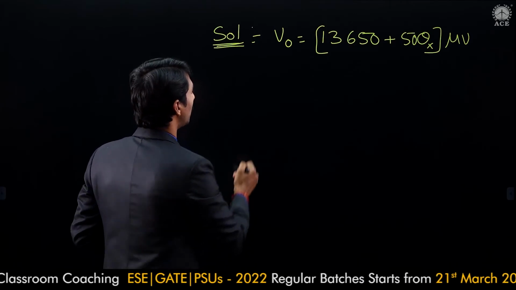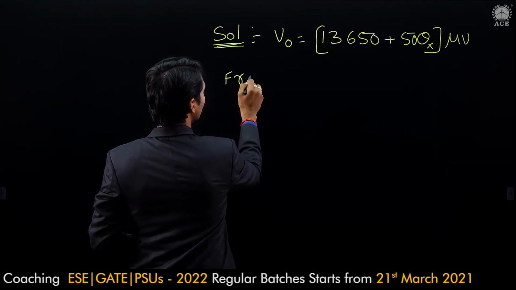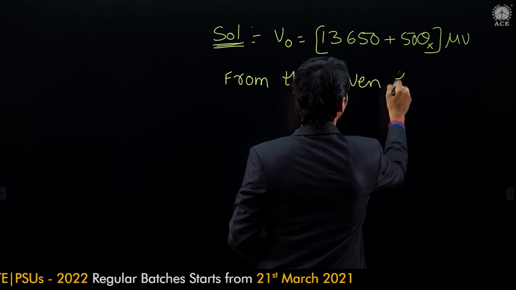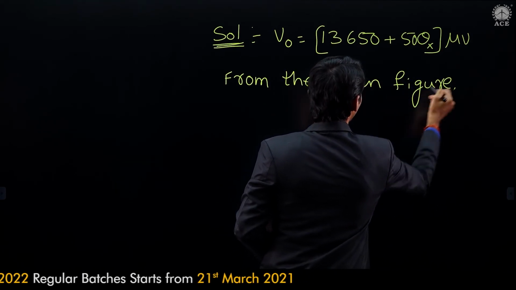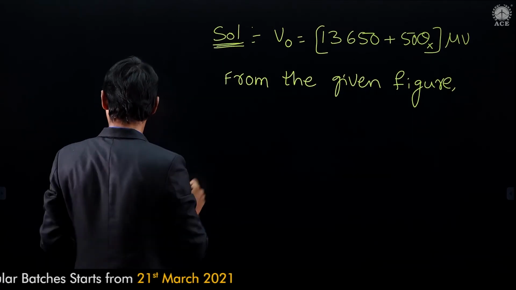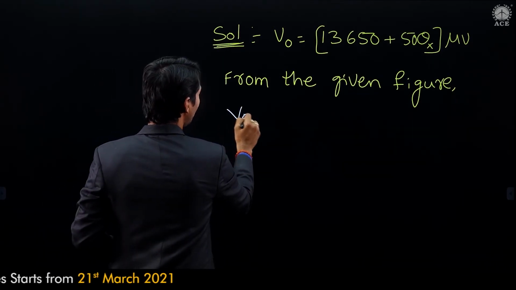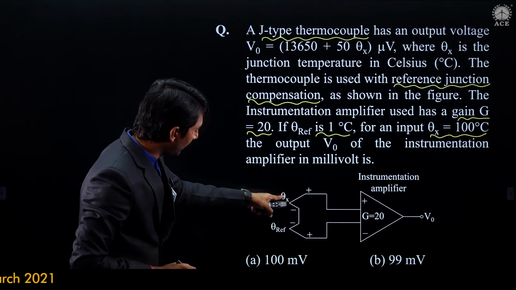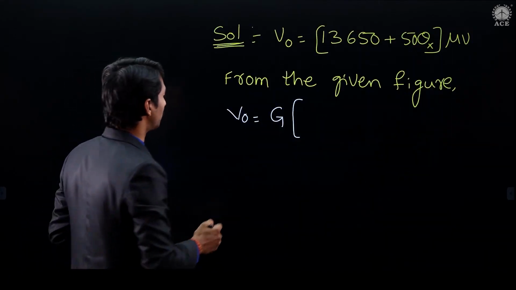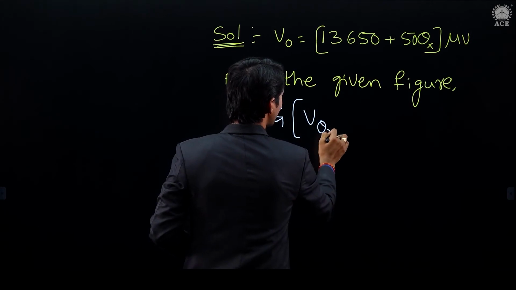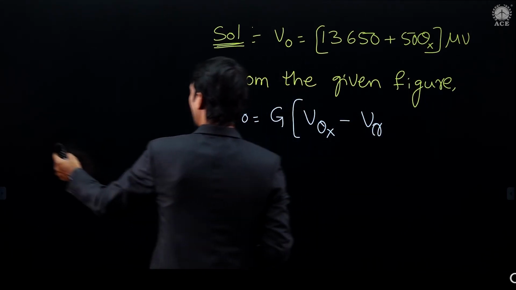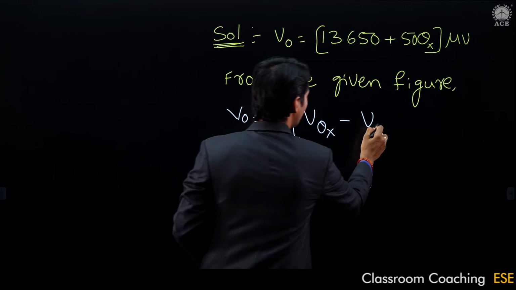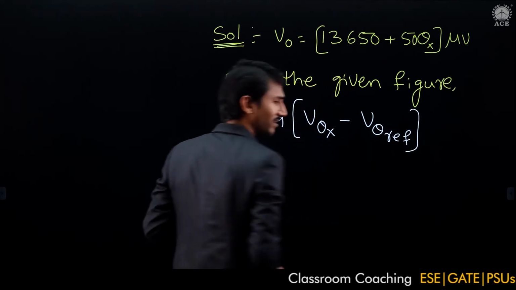So from the given figure, V0 equals gain G into V theta x minus V theta reference, and correspondingly the result in volts.